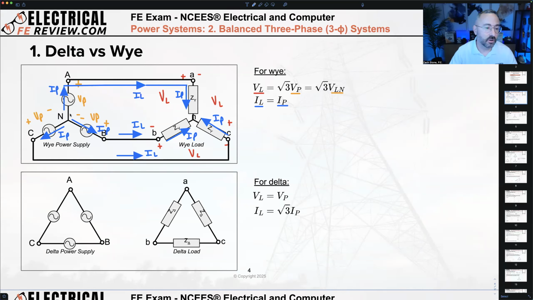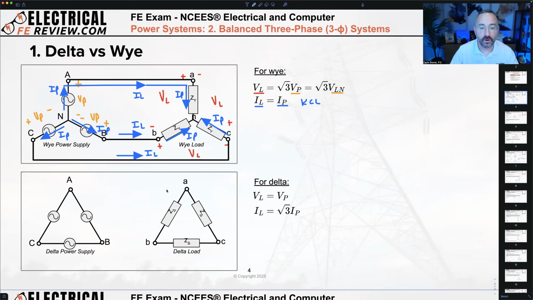Look, the phase current leaving the power supply is equal to the line current traveling through the conductors. And again, there's nowhere else for the current to go, so it's also equal to the phase current going back down into the A phase on the load. So this is really Kirchhoff's current law. Since there's no other current entering or leaving, it's all the same. It's all identical.